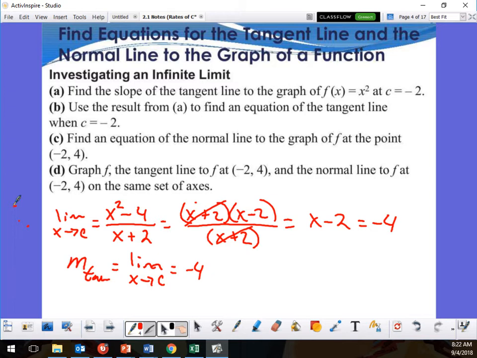Another way to write this notation would be f prime of negative 2 is negative 4. Now, this is my slope.